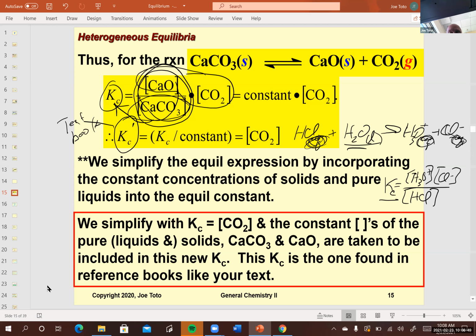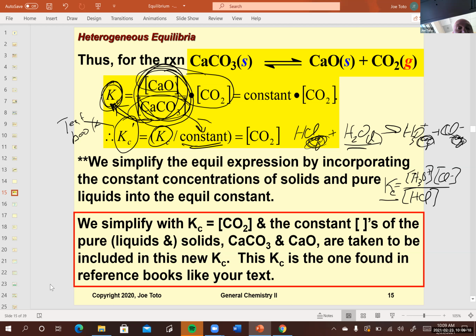I have a question. I don't know if it's kind of dumb, but for when it says constant times CO2, what is that constant? It's not Kc, right? No, it's this Kc. It's the constant that we use on the definition of the law of mass action. So what I did was I took this constant, divided it by both sides, and so this Kc here is divided by the constant.